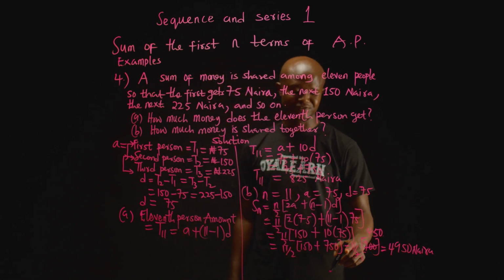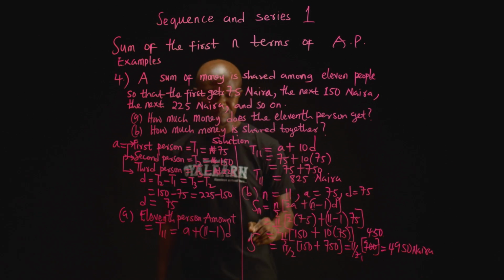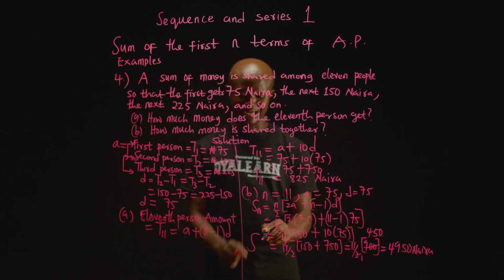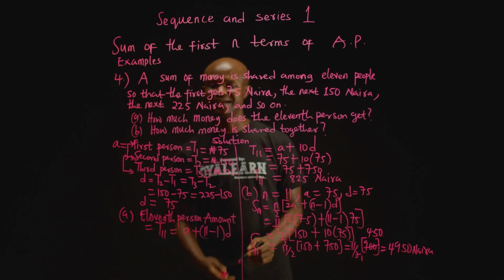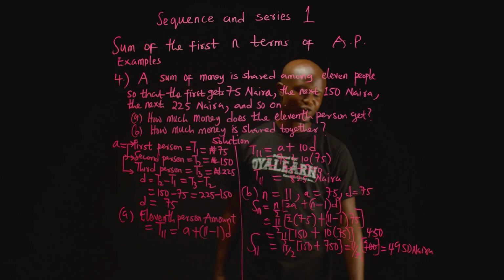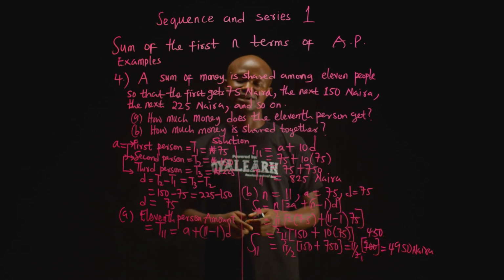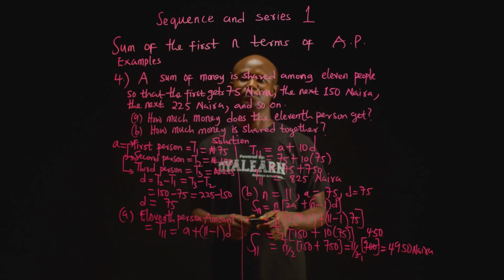That is 450 times 11. So what is n? 11. Meaning that the total amount shared is 4,950 naira. That is the solution to the problem. Thank you.